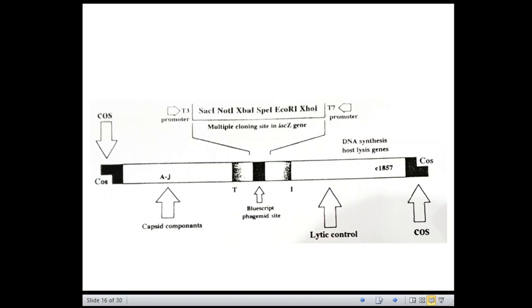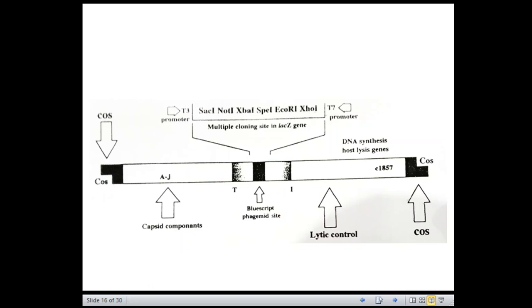This is a very useful feature of some lambda vectors, since it is then possible to screen for the protein product rather than the DNA inserted into the vector, because it is possible to express. When there is expression, you see the product formation, that is the protein.